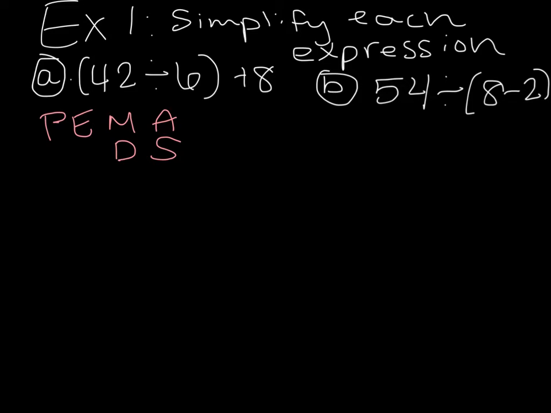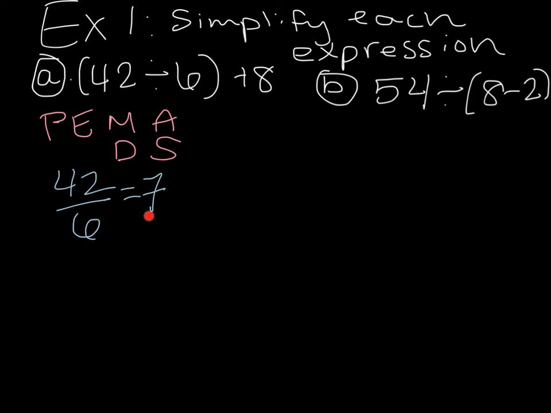Now I'm going to follow by looking at the parentheses first. So the parentheses say that we've got 42 divided by 6. So I'm going to do 42 divided by 6, which gives me 7. And then, according to PEMDAS, I'm going to add or subtract.